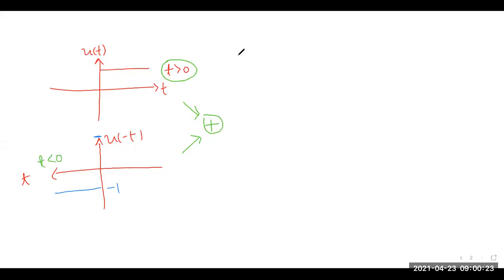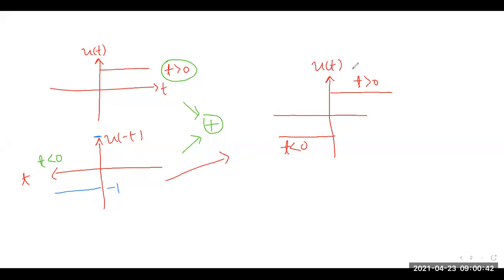If I add these two, I'll get this signal for t lesser than 0, and for t greater than 0, I'll get the other signal, that which exactly looks like this. So u of t minus u of minus t is again as good as signum function.